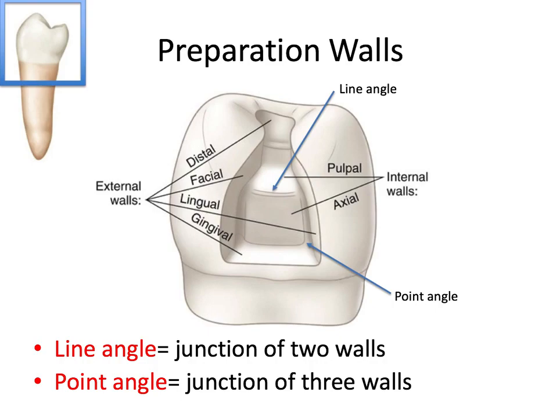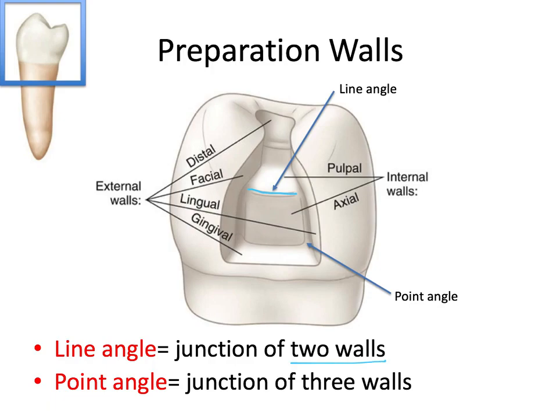All right, so some more essential definitions here. The junction formed between two walls of a cavity preparation. If we're looking at this area here, the junction between, in this case, the pulpal floor and the axial wall, this area right here is called the line angle.